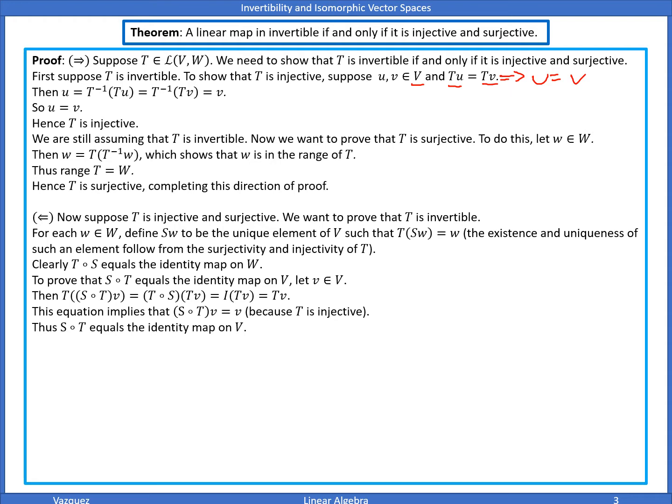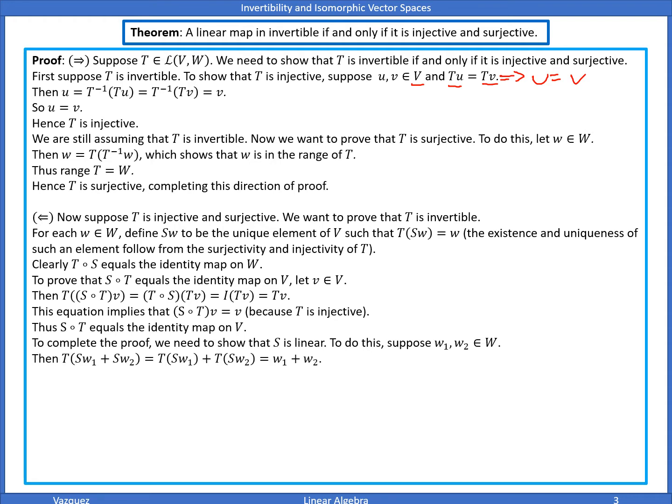But wait a minute, doesn't that conclude the proof? Well, not necessarily. We still need to show something about S. What we need to show is that S is indeed linear. So suppose W1 and W2 are in W, then T of SW1 plus SW2 is equal to T of SW1 plus T of SW2, which again, they're inverses, so we get W1 plus W2.